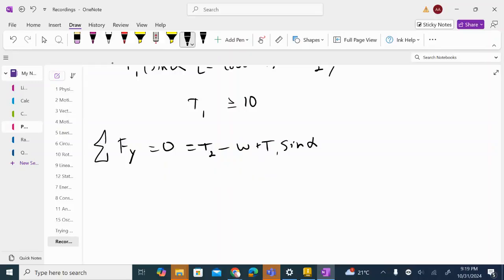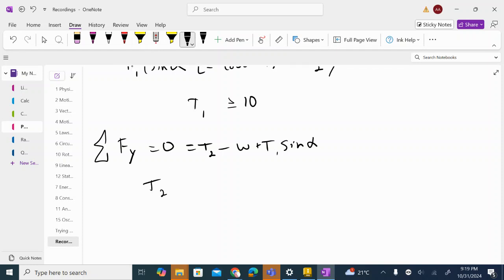We move the negative W over there. Guys, why am I confusing myself? T1 sine phi, so this becomes W over sine phi. Nah, it doesn't. I'm wrong.